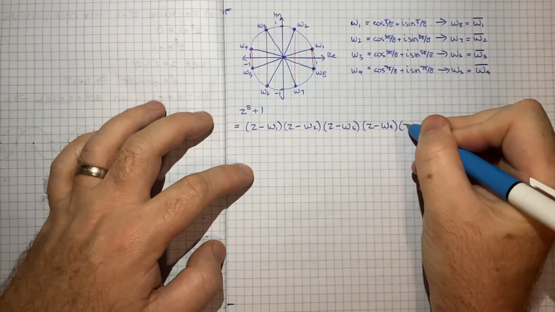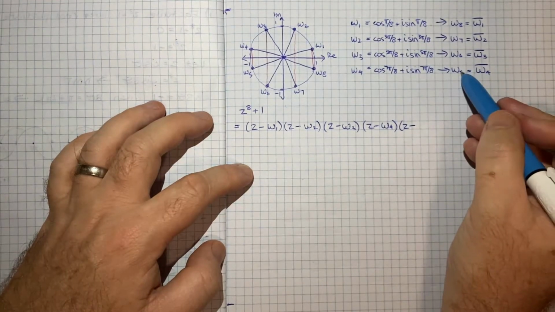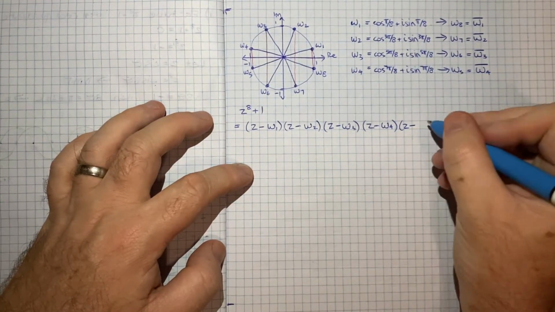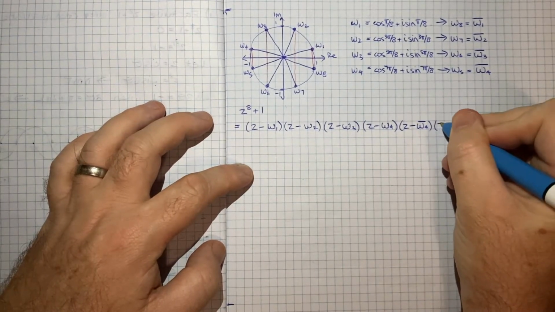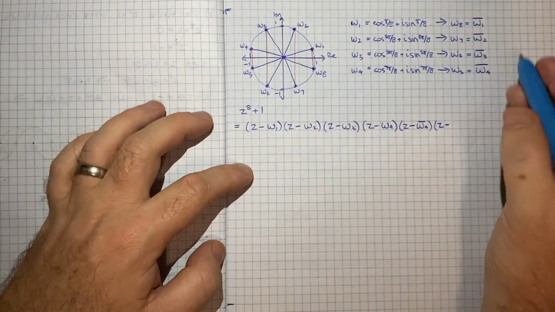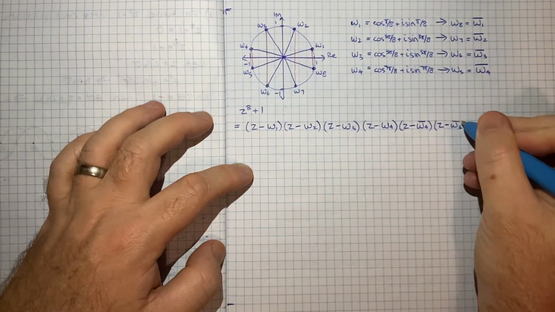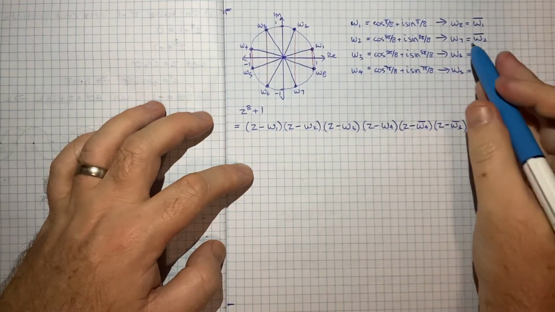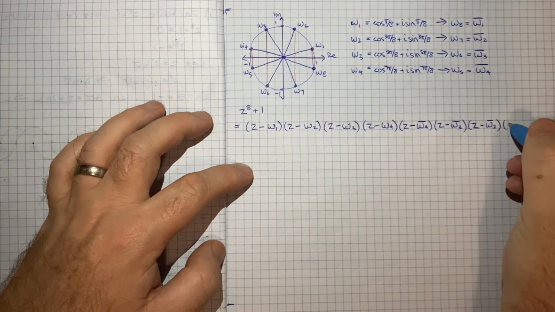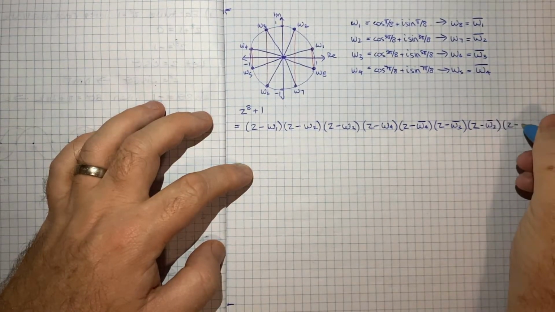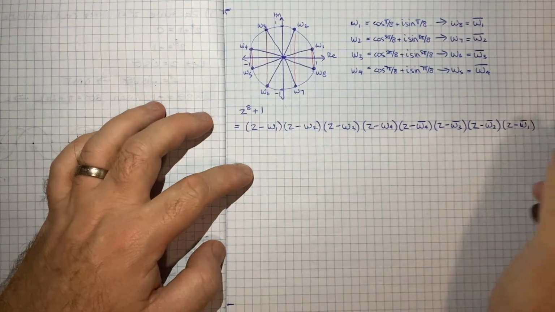Now z minus omega 5, but omega 5 I'm just going to write as the conjugate of omega 4. And z minus omega 6 will be the conjugate of omega 3. Z minus omega 7 will be the conjugate of omega 2. And then z minus omega 8 is the conjugate of omega 1.